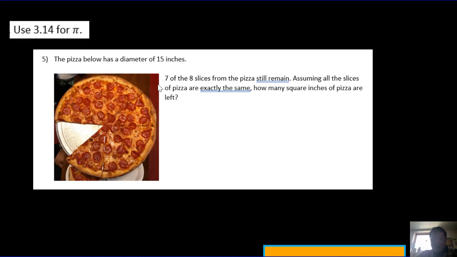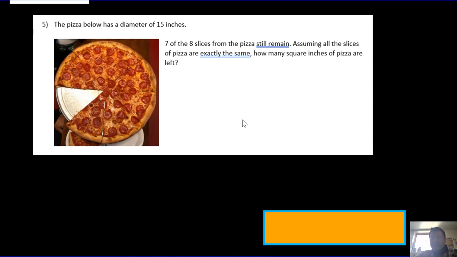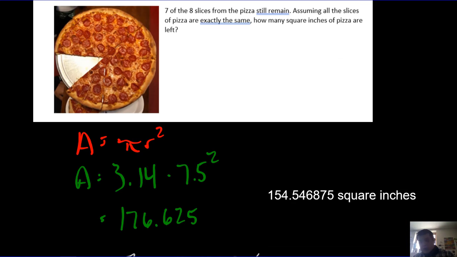The pizza below has a diameter of 15 inches. 7 of the 8 slices still remain. Assuming that all the slices of the pizza are exactly the same, how many square inches of the pizza are left? Go ahead and try this one out on your own. What you should have found was that the area of the remaining pizza is 154.546875.